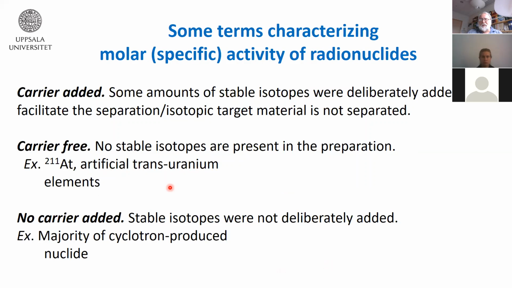There is no stable astatine in nature. There are several astatine isotopes which could be encountered in the decay chain of uranium and thorium, but the total mass of astatine on planet Earth at any moment is a few milligrams. So that also means that we could assume that astatine is carrier-free.